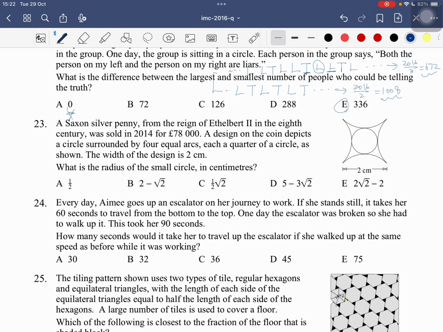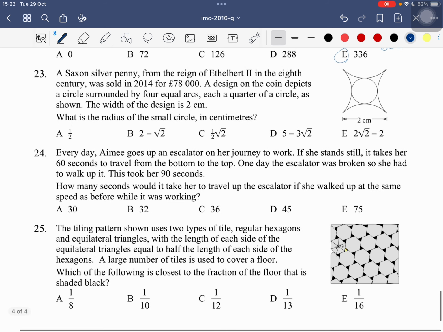So maybe I was confused. I thought that this is asking about the difference between the number of people who is telling lie and telling the truth. That's why I said that the answer was 0. But I should find other cases because this is only asking about the number of people who is telling the truth.